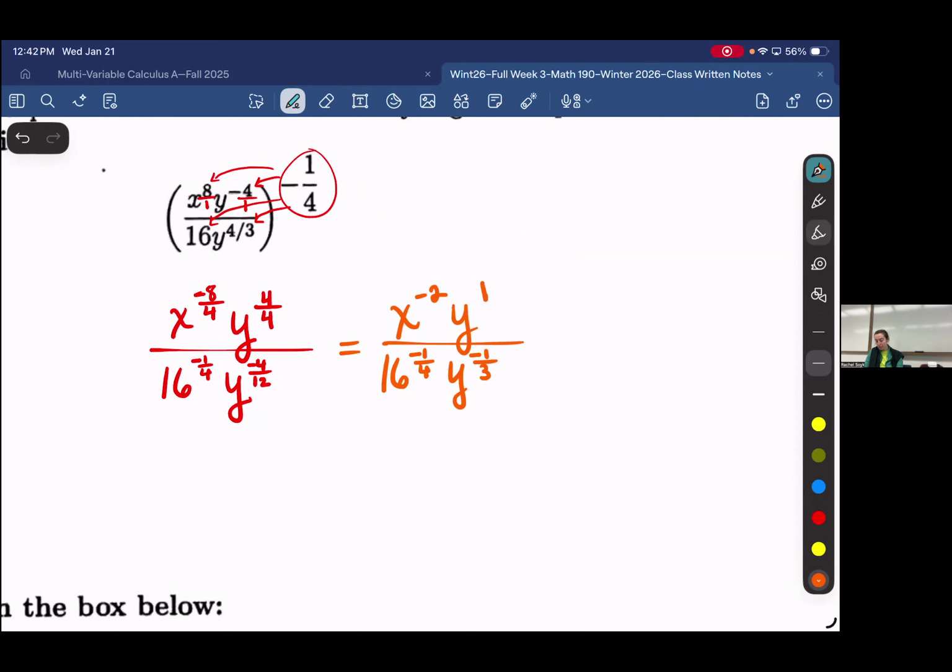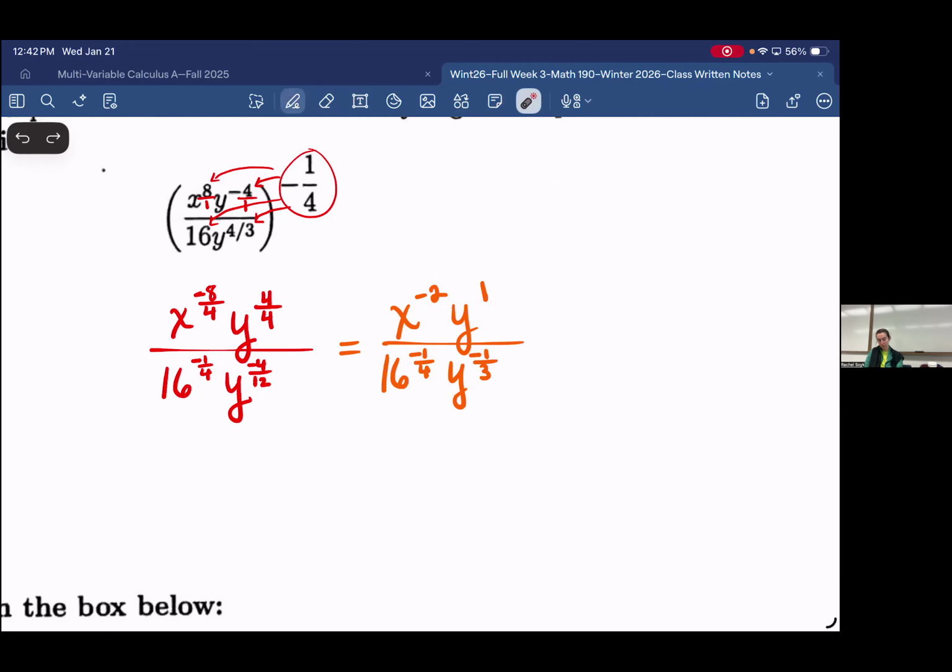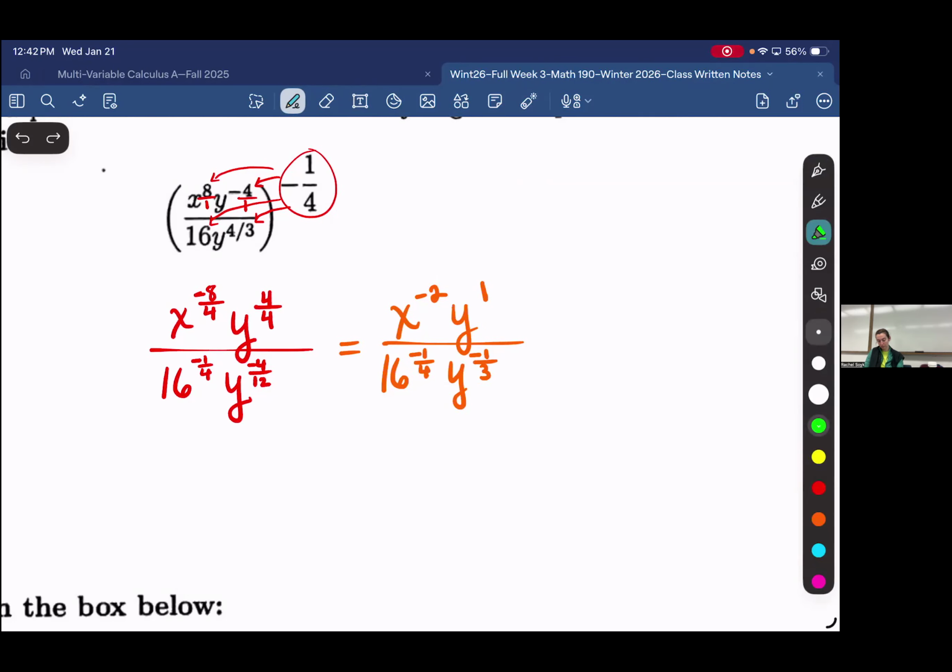Now, if you see the negatives in your exponents, you can move them to the other side of the fraction and make them positive. So these guys, maybe I'll highlight them in green, will move up to the numerator to be positive. And then this guy up here will move down to the denominator to be positive.